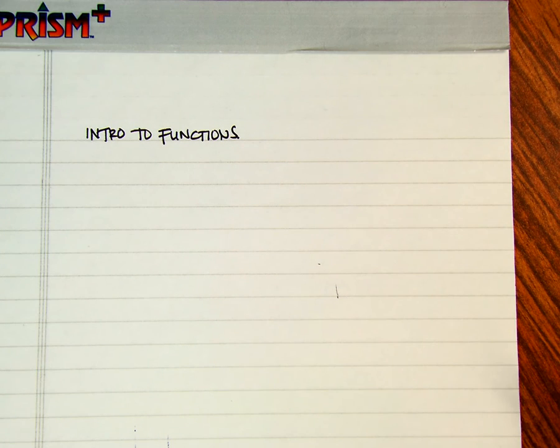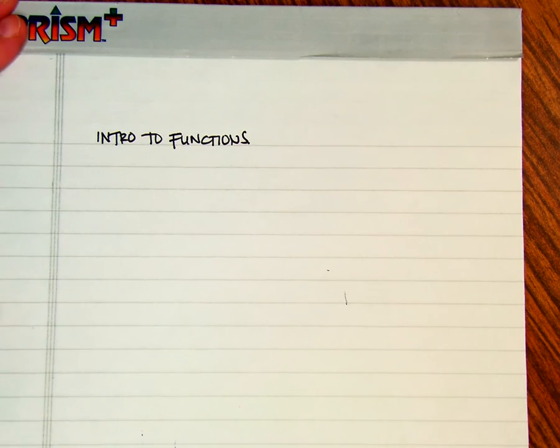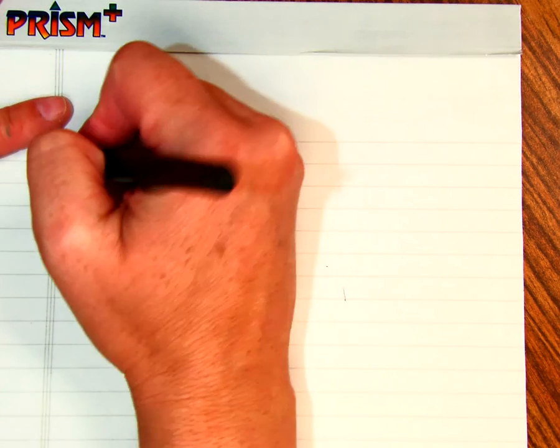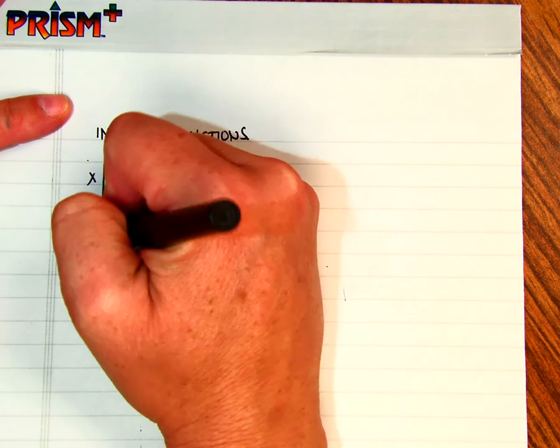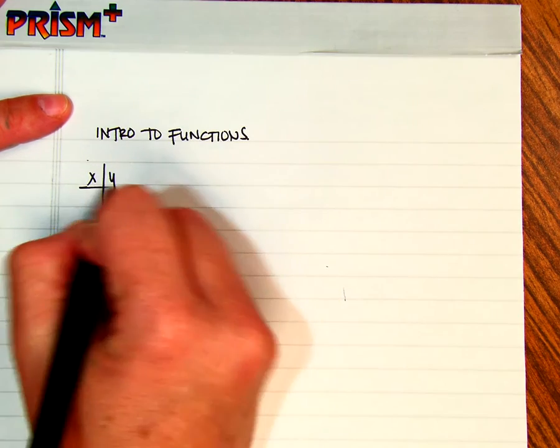Okay, so we're going to start our intro to functions. You guys have seen functions before. We just have never really talked about them in terms of a function. You guys have seen the ever familiar x and y table.